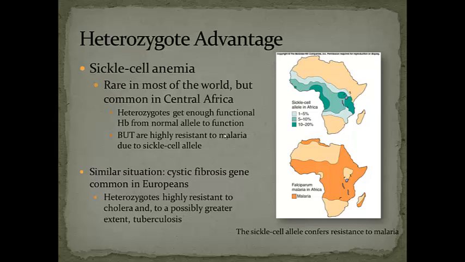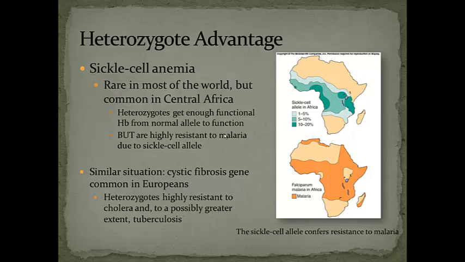But the parasite that causes malaria can't feed on their red blood cells due to the sickle cell allele, so they're highly resistant to malaria. If you look at the maps, you can see that the areas where malaria is endemic and the areas where sickle cell is common overlap. Not perfectly, but they overlap.